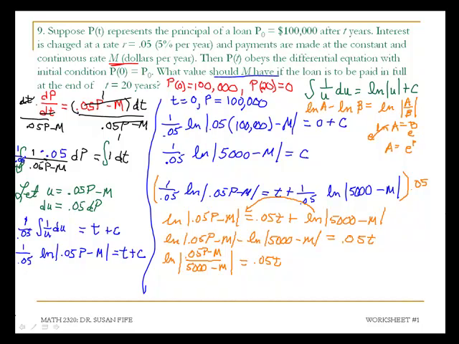You get a equals e to the b power. So on my last equation, if I write both sides as an exponential, e raised to the natural log and e raised to this 0.05 t, on the left side my e and my natural log cancel out to give me (0.05 P minus m) over (5,000 minus m) equals e to the 0.05 t.